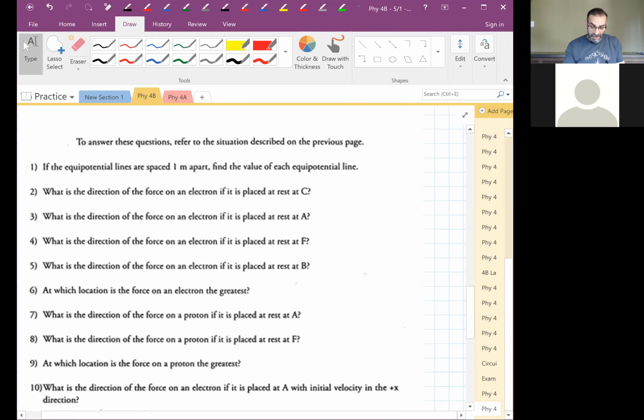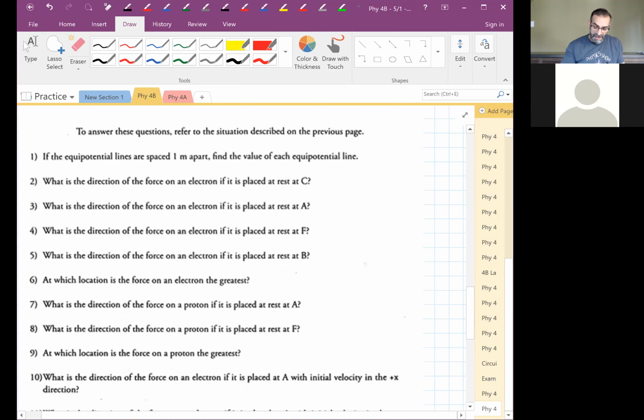if we put an electron at point A with some initial velocity in the x direction? What would the direction of the force be? To the left.